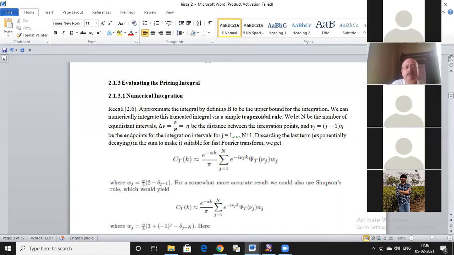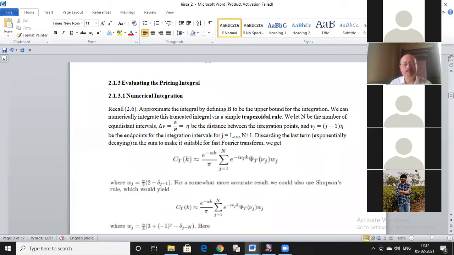Can you recall some of the rules, like trapezoidal, Simpson's one-third? If you recall Simpson and trapezoidal, that will be enough, because we will talk about only those two.